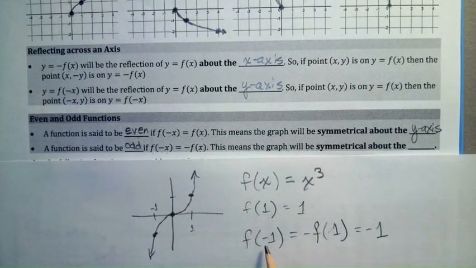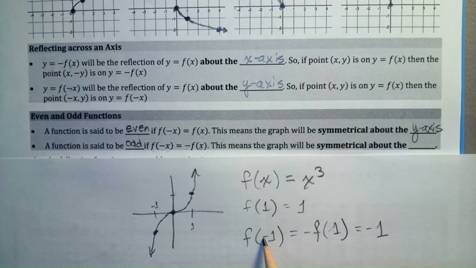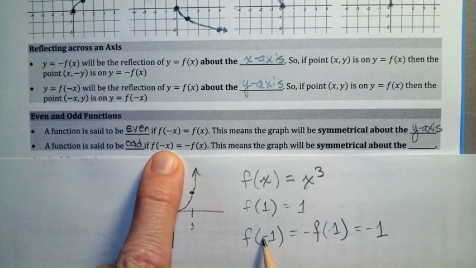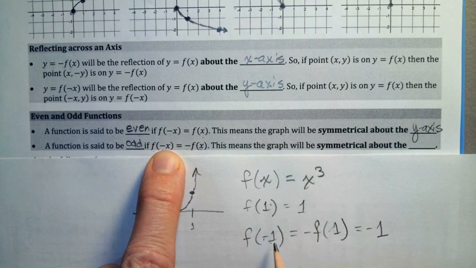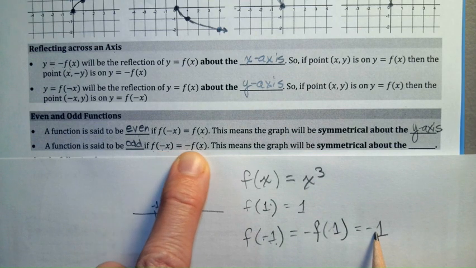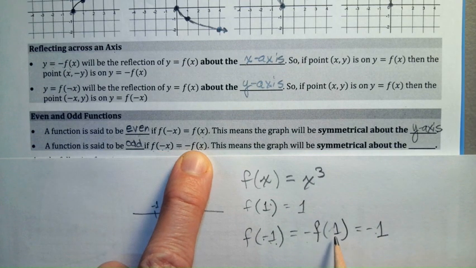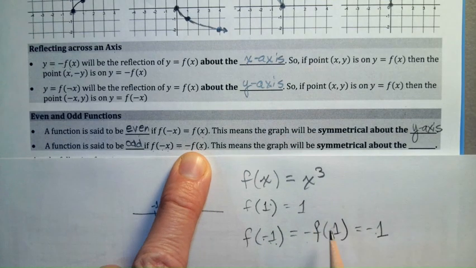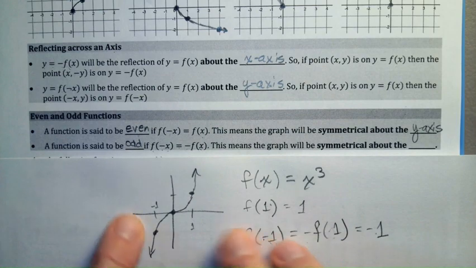So you could see here we have f of negative 1, put in a negative x, instead of 1, I put in negative 1, and that's equal to negative 1, which is equal to the negative of f of 1. All right, so algebraically, this is a test for oddness.